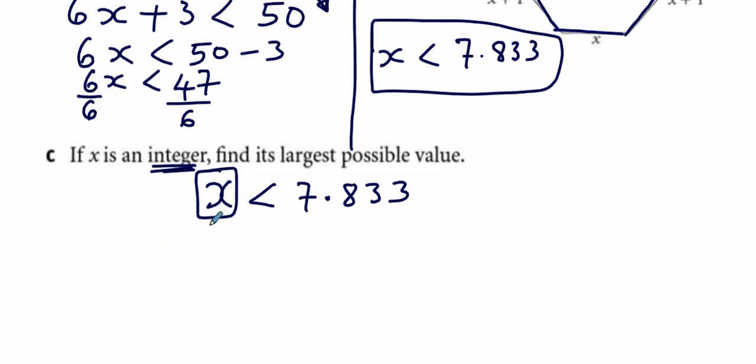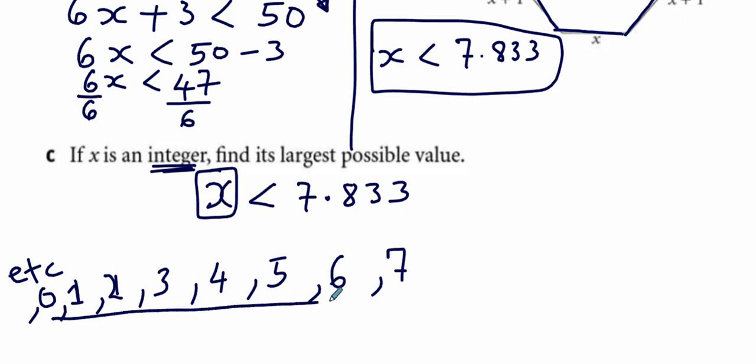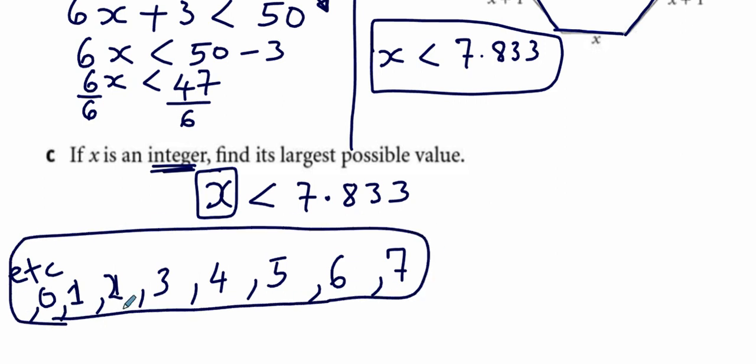If we were to mention all integers which are less than 7.833, those integers will be 7, 6, 5, 4, 3, 2, 1, 0, etc. These are integers which are less than 7.833.